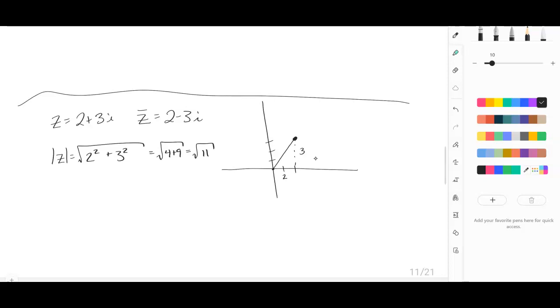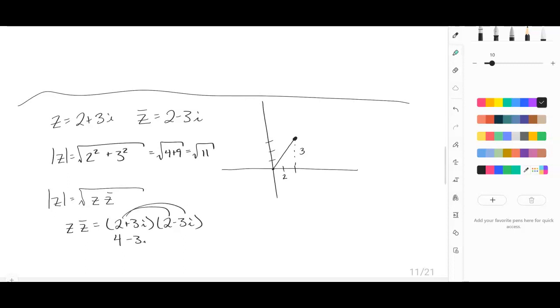What that theorem is saying is that we could find the modulus by taking the square root of z times its conjugate. So let's do that. Let's take z times its conjugate. So we're going to have 2 plus 3i times 2 minus 3i. That's going to be equal to 4.